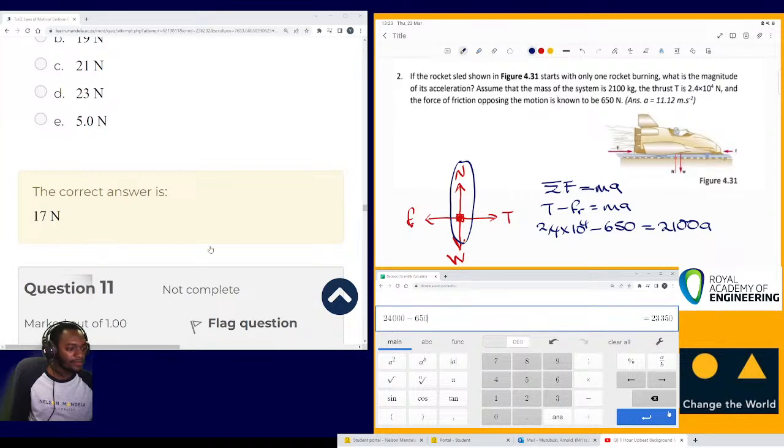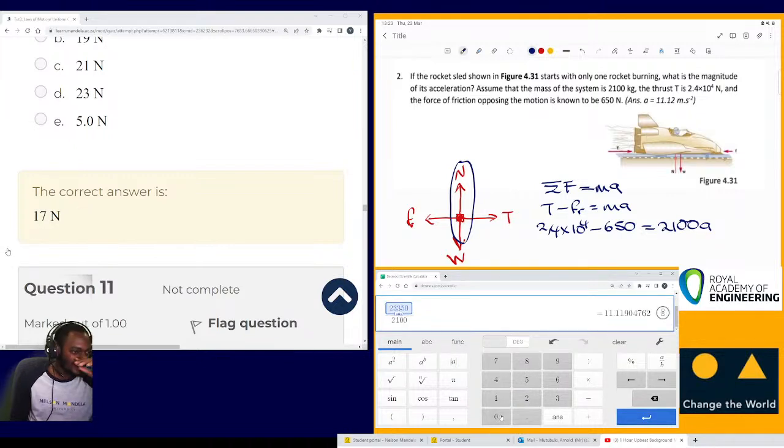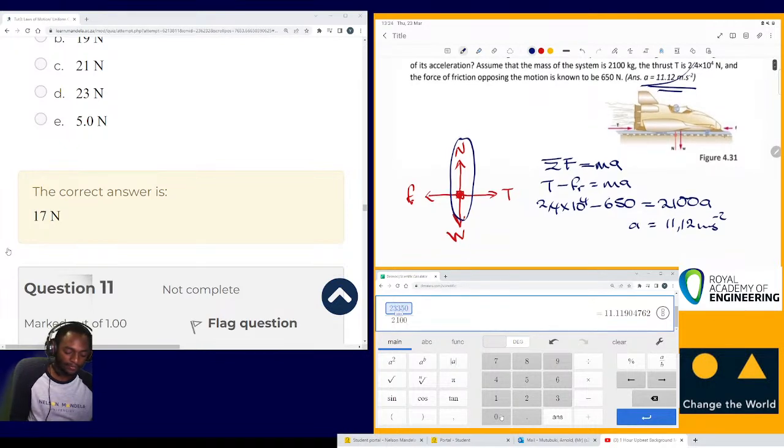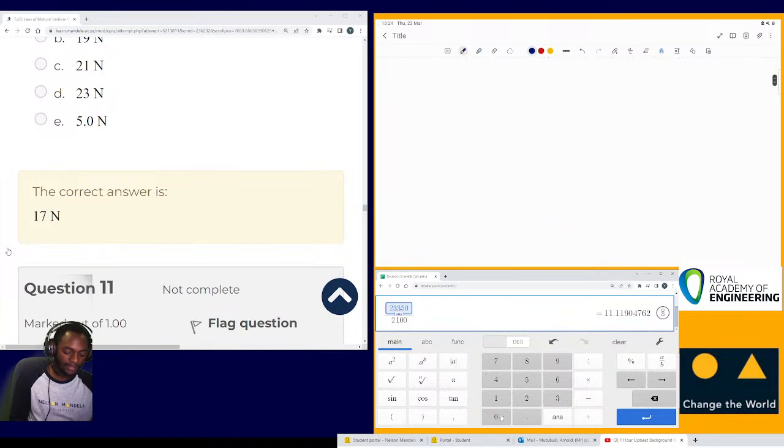Okay. Once divided by 2,100, we get 11.11. So our A is equal to 11.12 meters per second squared, which is the same as what we are expected to get there. So this is quite straightforward, right?